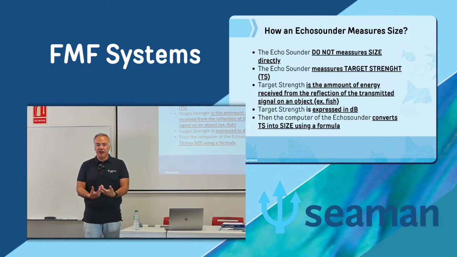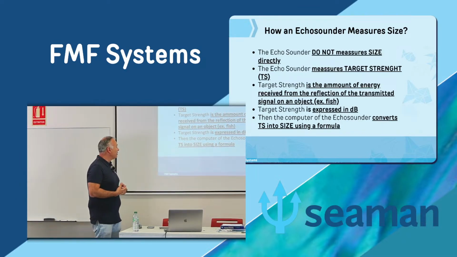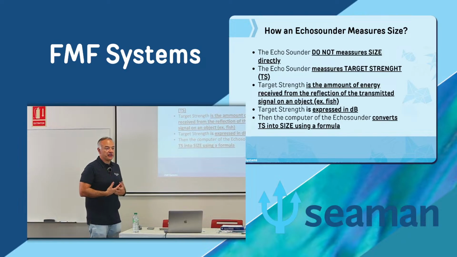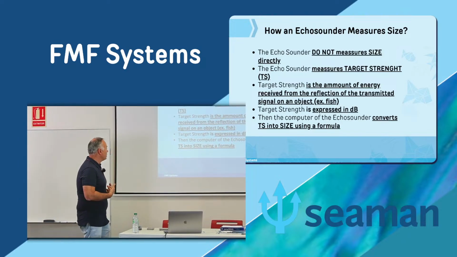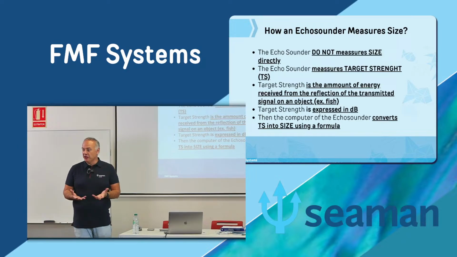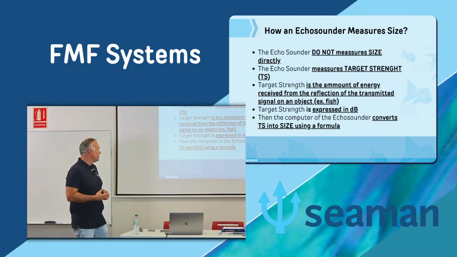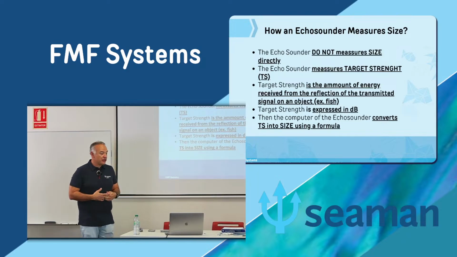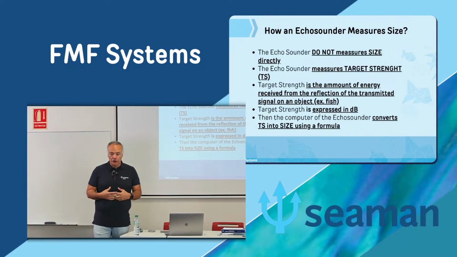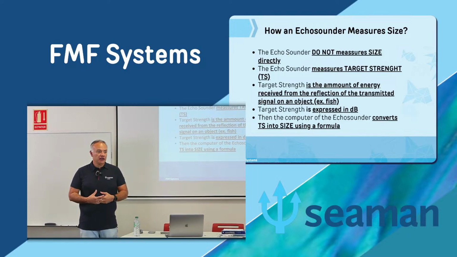We transmit a signal, we receive a backscatter from the object, and that is the target strength. Target strength is expressed in dB, decibels. And then the computer, the CPU in the echosounder, converts this TS into size using a formula, which is a generally accepted formula in the market.